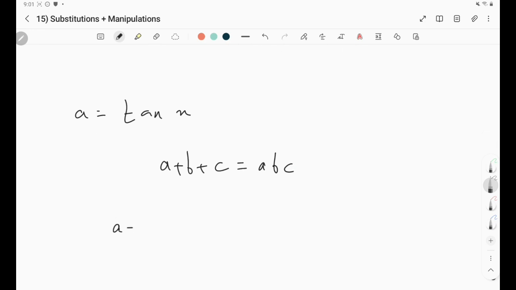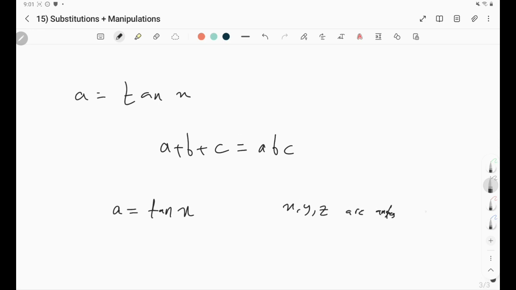Then you can define a to be tan x and the same for the others, such that x, y, z form angles of a triangle, because we know that tan x plus tan y plus tan z is equal to tan x times tan y times tan z. This is correct when x plus y plus z equals 180 degrees, that means just pi. So this is also another substitution idea that you might use in another question.